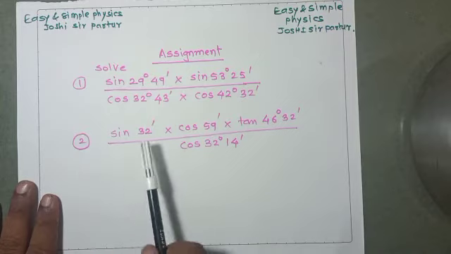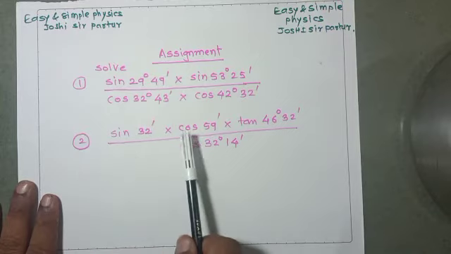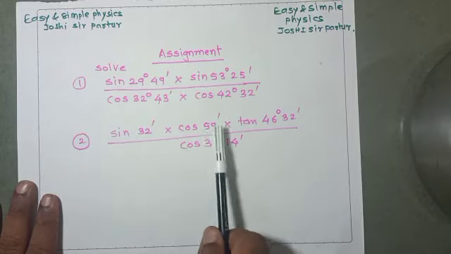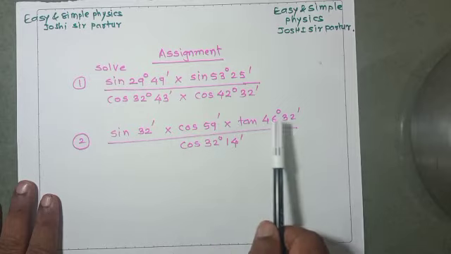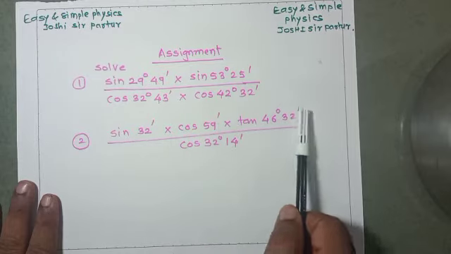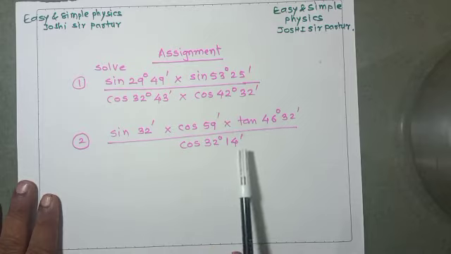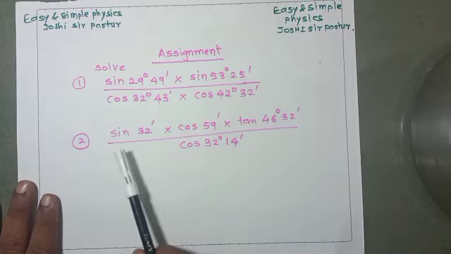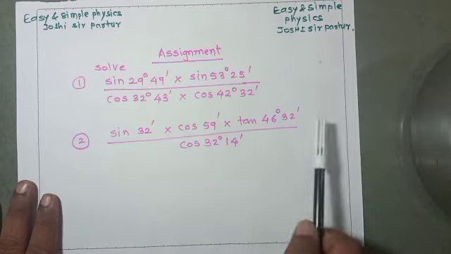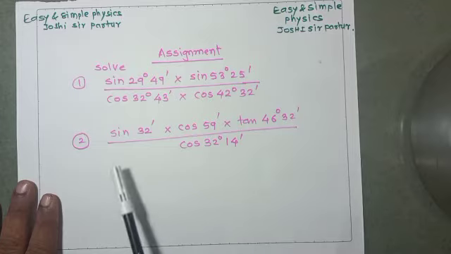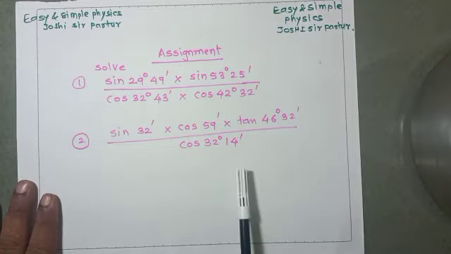Here the second example: sine 32 minutes multiplied by cos 59 minutes multiplied by tan 46 degree 32 minutes divided by cos 32 degree 14 minutes. If such type of example is given, then we can use logarithmic sine, logarithmic cosine, as well as logarithmic tan.